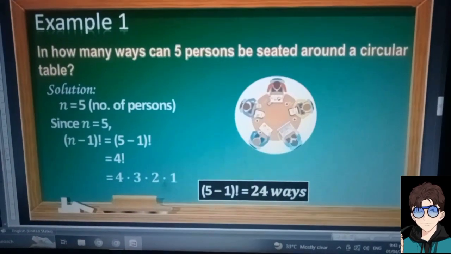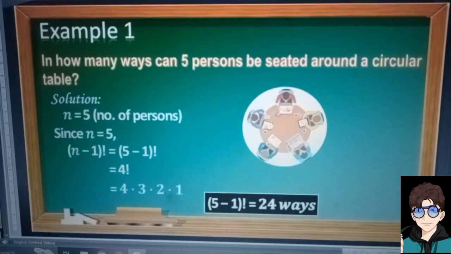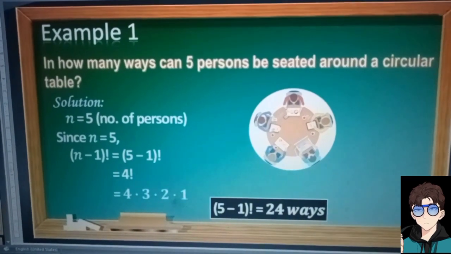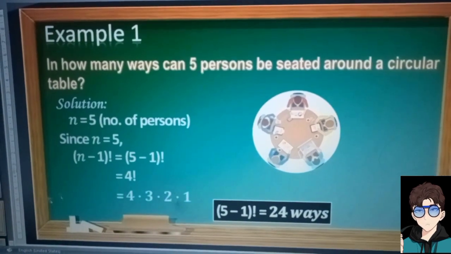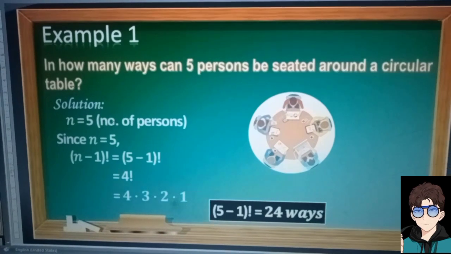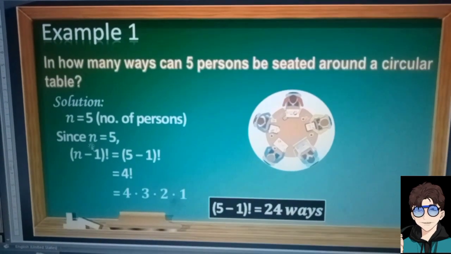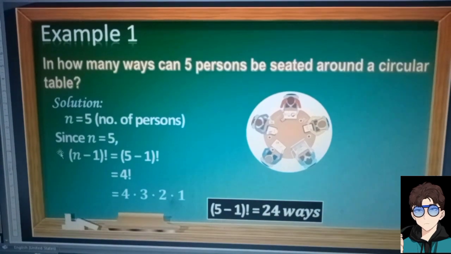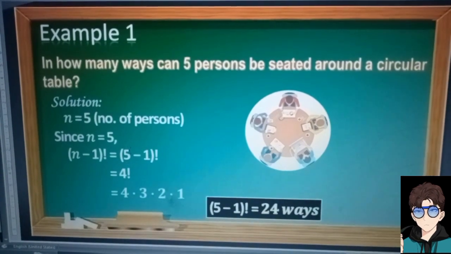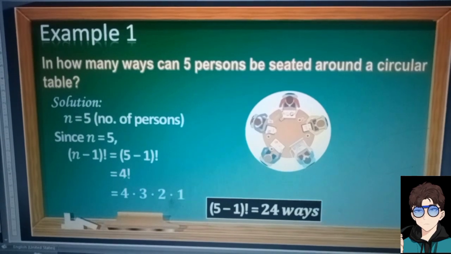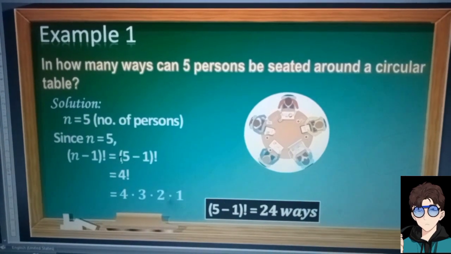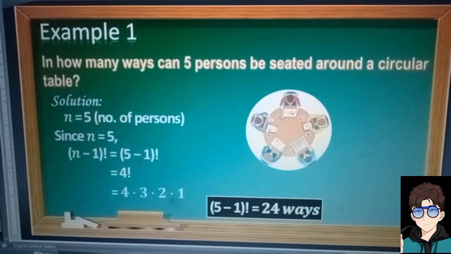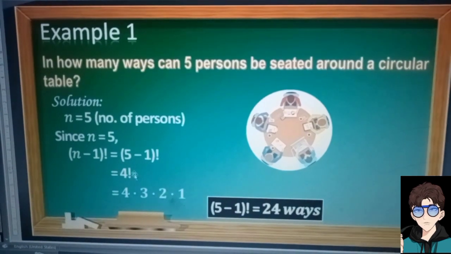Example: how many ways can 5 persons be seated around a circular table? The solution: n is equal to 5, since there are 5 persons. Upon substitution, the quantity of n minus 1 factorial is the quantity of 5 minus 1 factorial. Operate first the numbers inside: 5 minus 1 is 4, then copy the factorial sign.